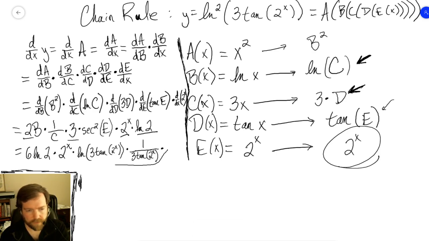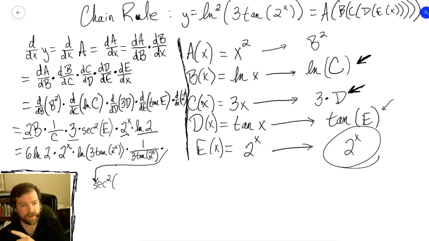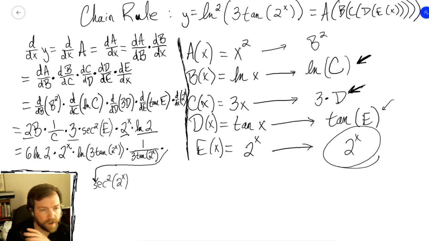All right, close enough. So we come down here. This is all multiplied by the secant squared of, again, e, which is just 2 to the x. And then that is going to be it. Okay, maybe I didn't need to go through all that dramatics there. It's fine.